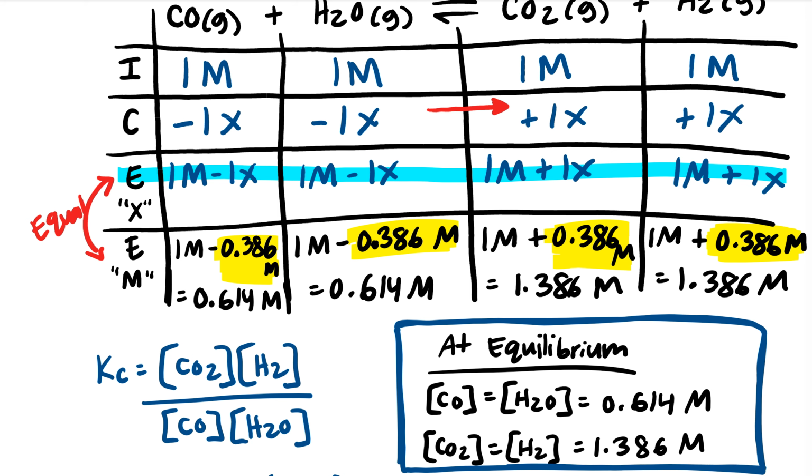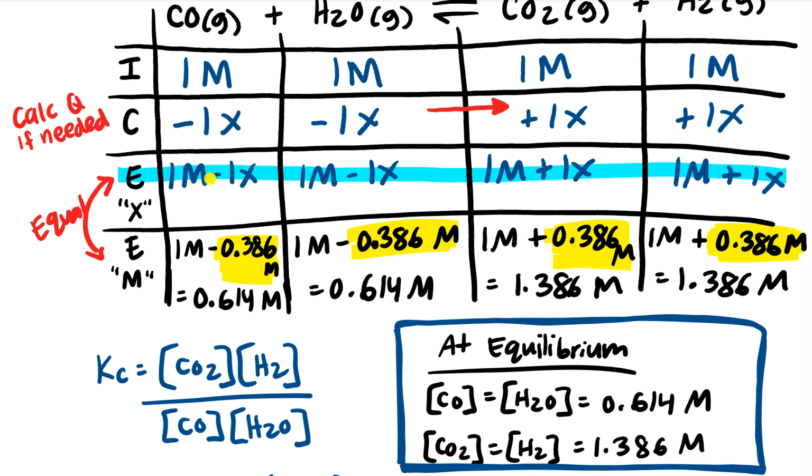My ICE chart is a very good way for me to keep all the information organized. I start by writing my balanced chemical equation. I write my initial values. I determine the direction that the reaction will proceed to establish equilibrium. In this case, I had to calculate Q. We're moving in the forward direction, so that means we're going to add to the product side, make product.